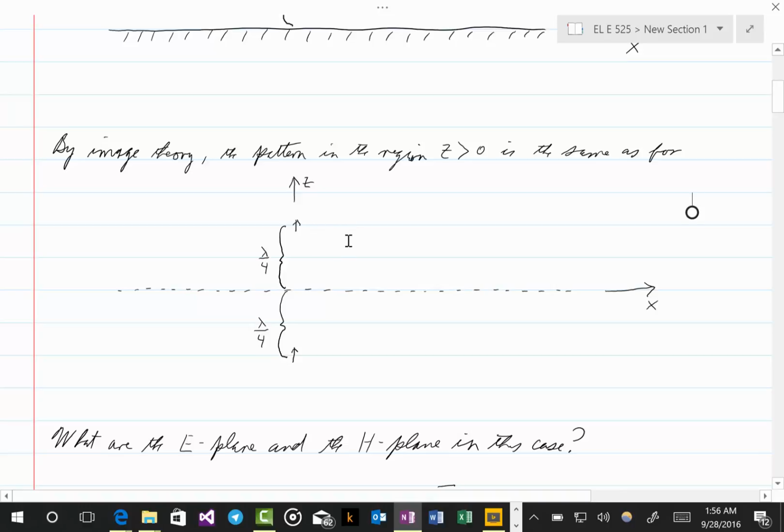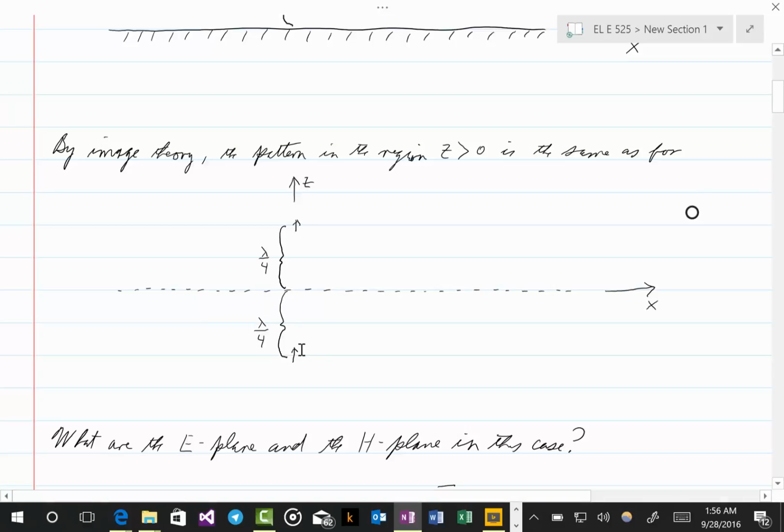So we conclude then that for the E-plane, we can use any phi equals constant plane. On the other hand, the H field in this case, with these two vertical dipoles, we know that each one will have an H field that tends to circulate around the dipole.